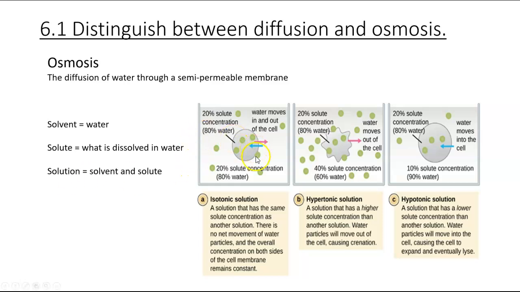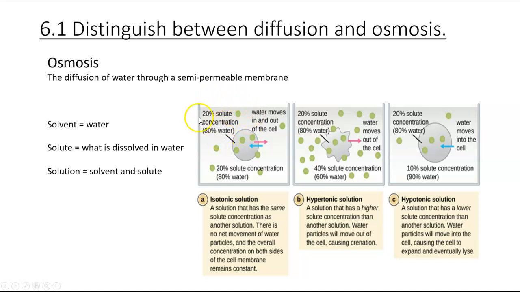What we're going to look at here are the natural conditions cells are faced with living in. In this example, this little thing right here is just a cartoon cell. And they're telling you that inside this cell, there's 20% solute, 20% sugar or salt or whatever it is.